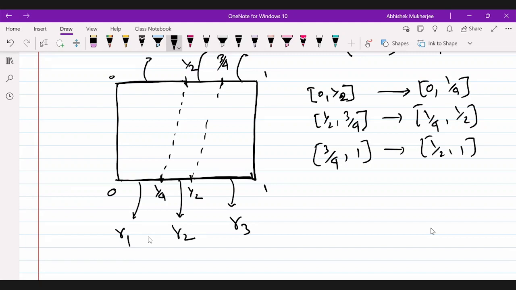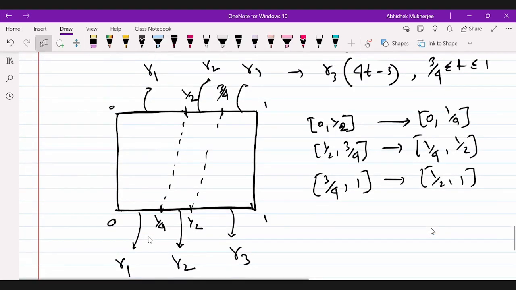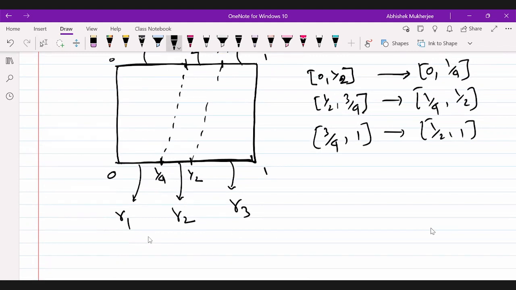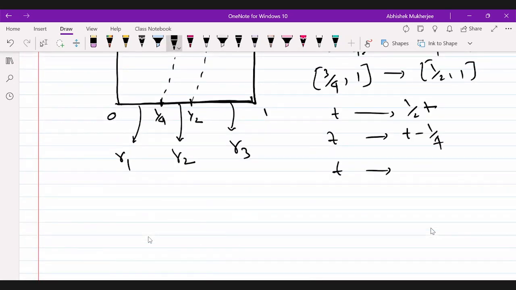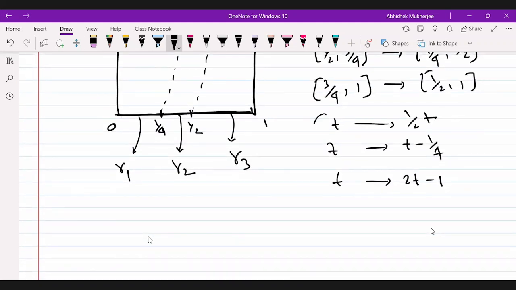The first one will be, for the first one, t goes to half of t. For the second one, t goes to t minus 1 by 4. And for the third one, this will be 2t minus 1. And just by using the gluing lemma, you are going to have a single map.